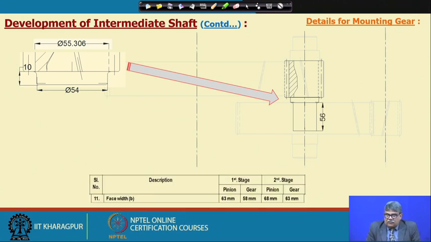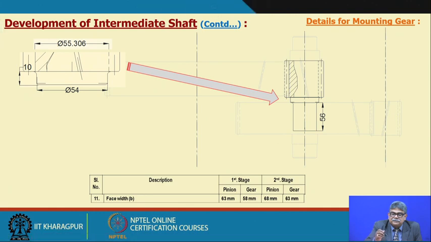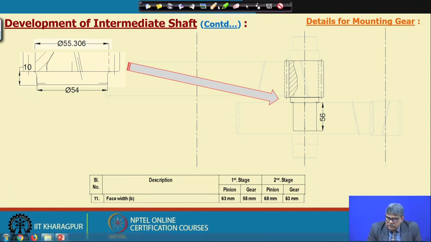for the gears, for mounting the gears. Now, the gear face width, as you see, this is the first stage gear. We have to keep in mind that the first stage gear will be here, this is the input side, and that width is 58 millimeter. Okay. And this taper here, we have the diameter 54.